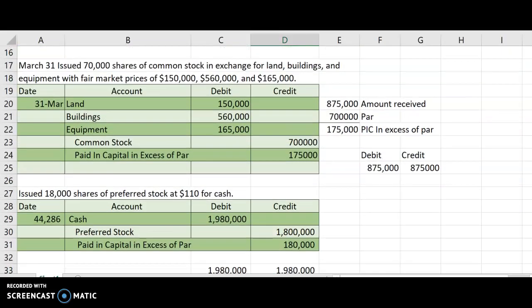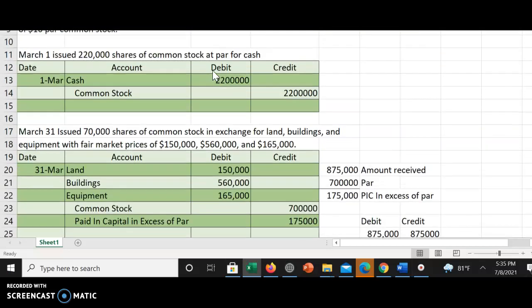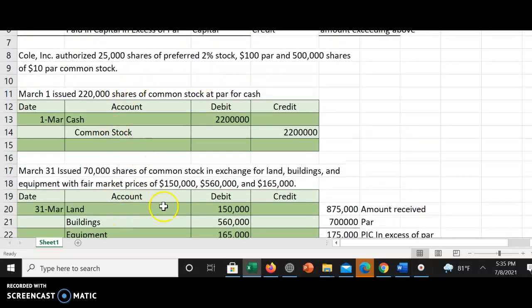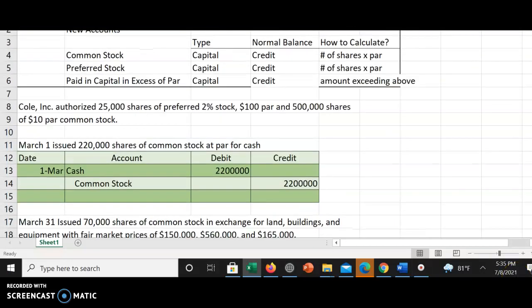So this is how you issue stock. Now there is such thing as no par stock, and with this you just won't use par. So your journal entry would just be cash and the credit to stock. There would be no paid in capital in excess of par because you don't have par.